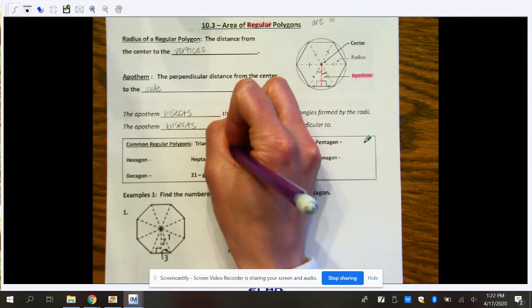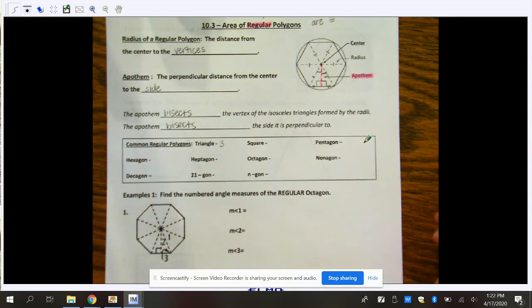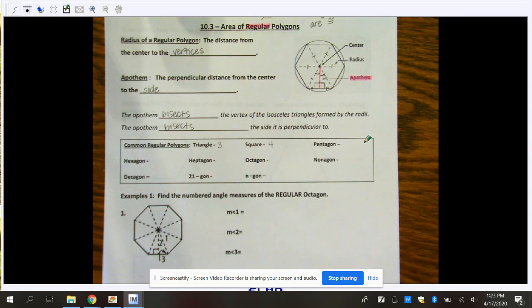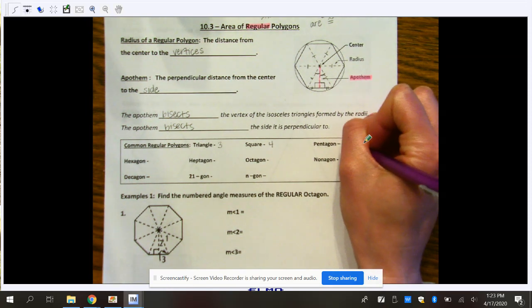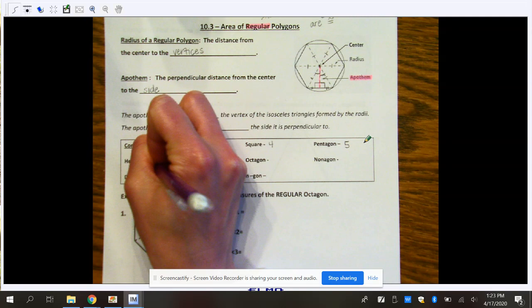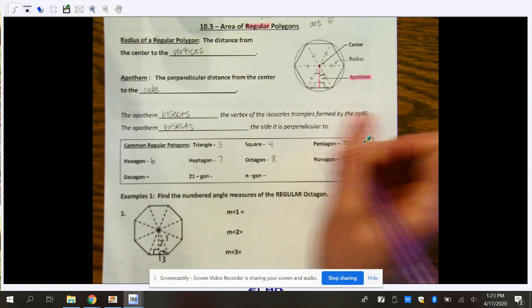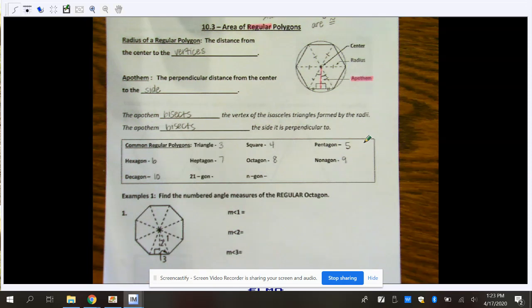So a triangle has three sides, right? They'd all be congruent. A square is a regular quadrilateral because it has four congruent sides. A pentagon has 5. A hexagon has 6. Heptagon has 7, then octagon 8, nonagon 9, decagon 10, and then anything past 10 doesn't have a special name to it.